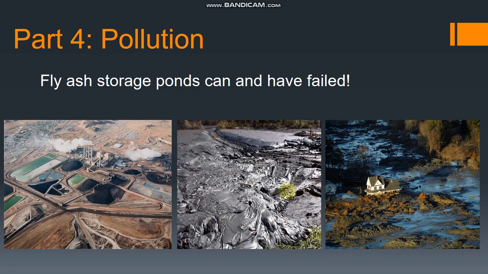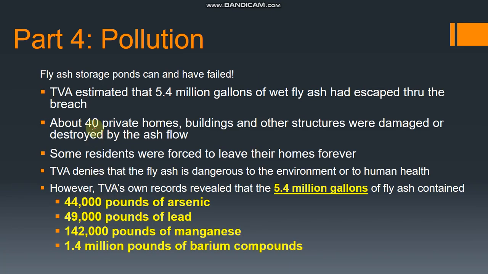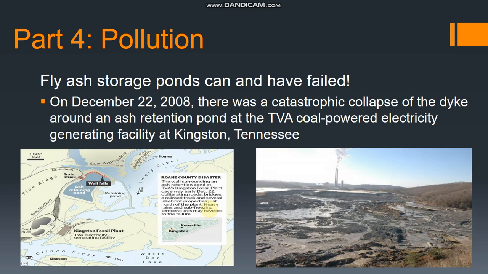A perfect example of a retention pond failing is in the Tennessee Valley Authority. In fact, 5.5 million gallons of wet fly ash was said to escape through that dam breach. 5.4 million gallons of fly ash that contained 44,000 pounds of arsenic, 49,000 pounds of lead, 140,000 pounds of manganese, and 1.4 million pounds of barium compounds all entered the environment.